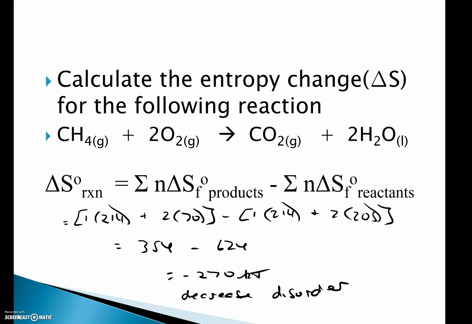We'll take our products minus our reactants and get our value. And we get a value of negative 270 kilojoules of entropy change. When we look at that, it makes sense that the value is negative because we're going from gases to gases and liquids.